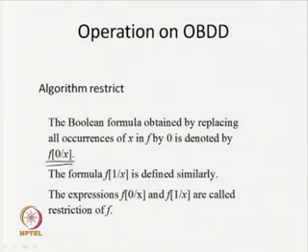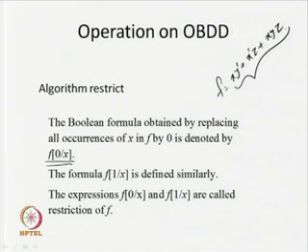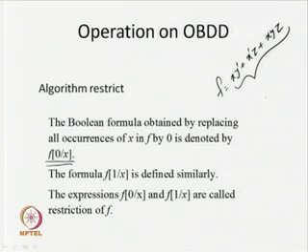That means, if I have a Boolean function, say f is equal to x y bar plus x dash z plus x y z, this Boolean function depends on the valuation of x, y and z. x may be either 0 or 1, and similarly y and z. But we can ask what will be the valuation of this function when I replace all x by 0. Similarly, we can ask what is the functional value if I replace all x by 1.